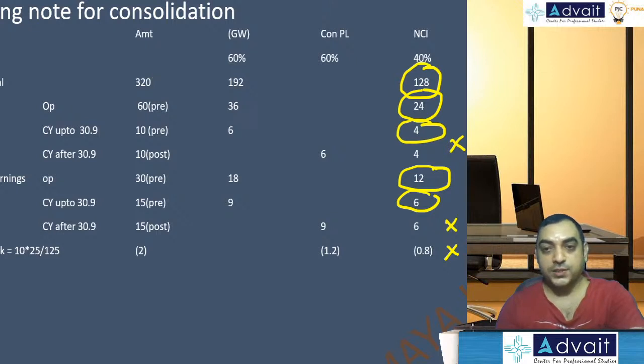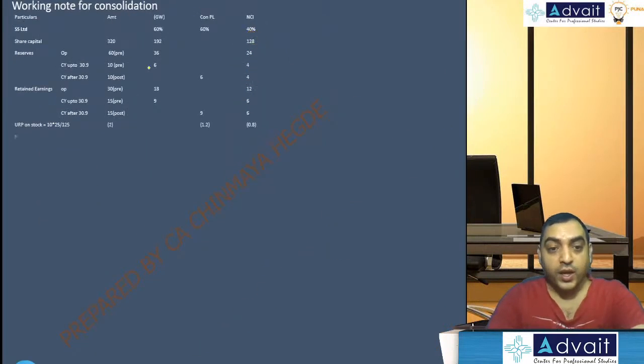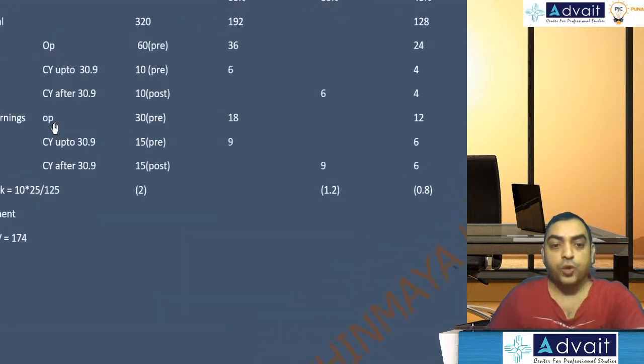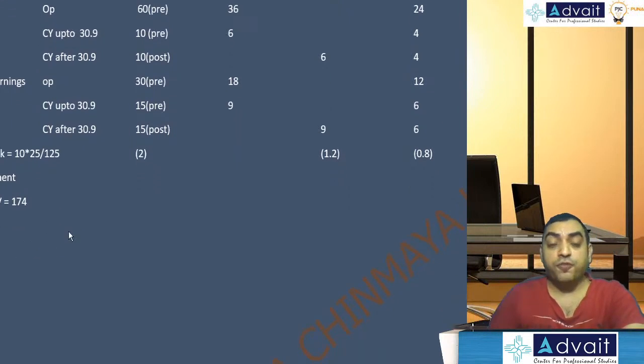What is the total of this? 128, 24, 4, 12, 6. Okay, I'm getting 174. Now 174 is the book value of NCI, right? 174 is the book value of NCI.